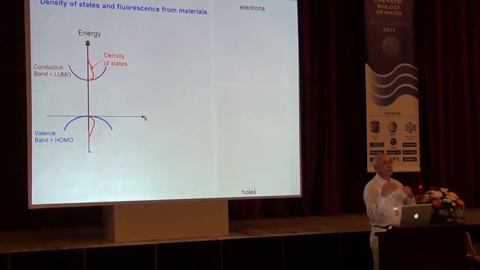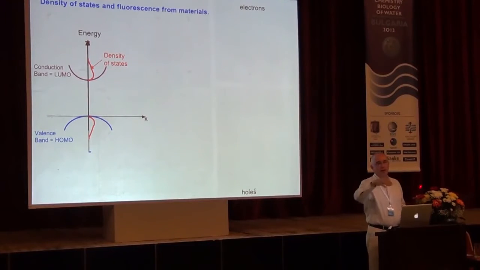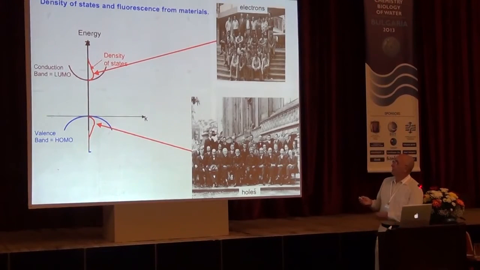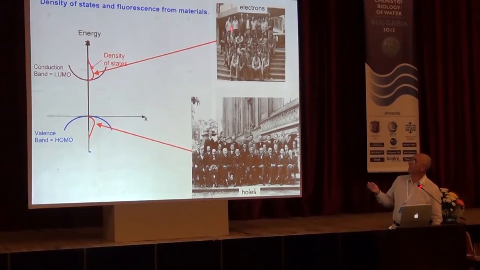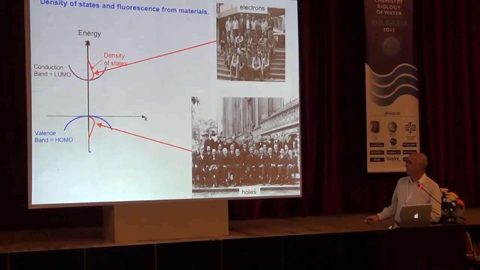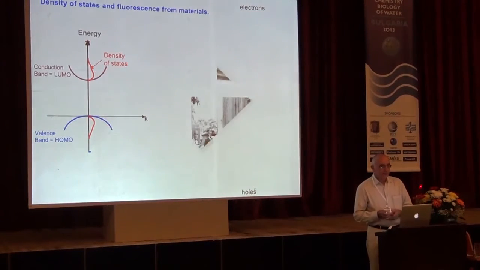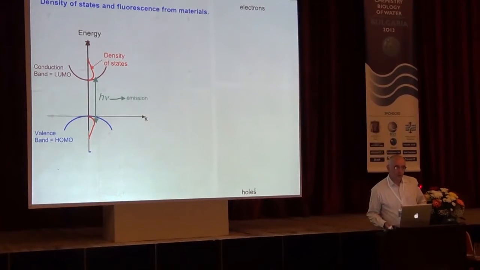It's like here, you are seated, but you have a density of energetic states in each part of this classroom. So density of states is something like this. So you can occupy different electrons here, here, here, and the same for the valence band. The valence band holds electrons, but it also holds a lack of an electron. It means positive.